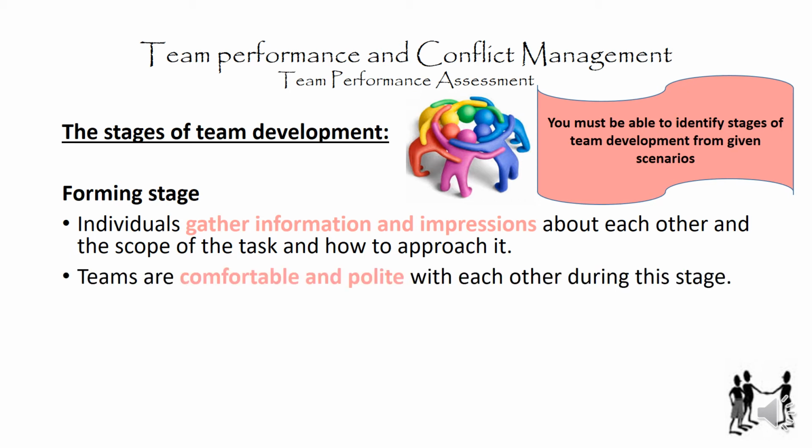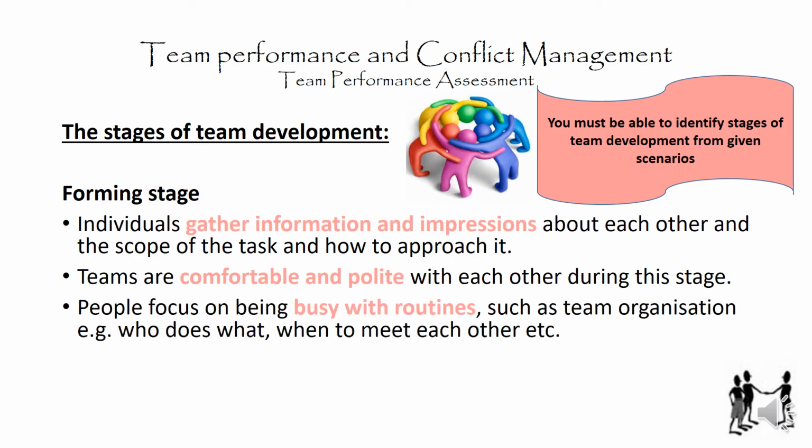At this stage, teams are comfortable and polite with each other. Okay, as I said, they don't know each other all that well. Okay, so they're still gathering information and creating their own impression about the other team members. So they are still very polite. Yeah, there's no conflict yet because it's basically a bunch of strangers. Okay, so they're still getting a feel for each other, and people focus on being busy with routines.